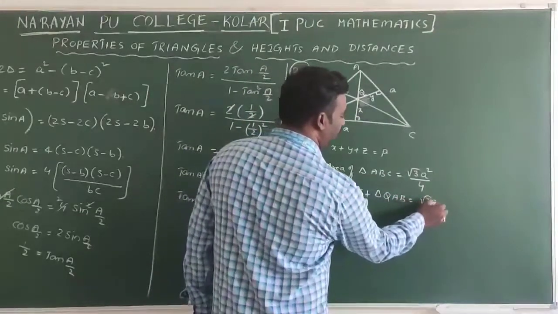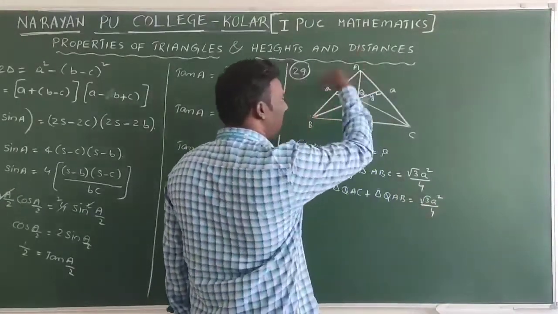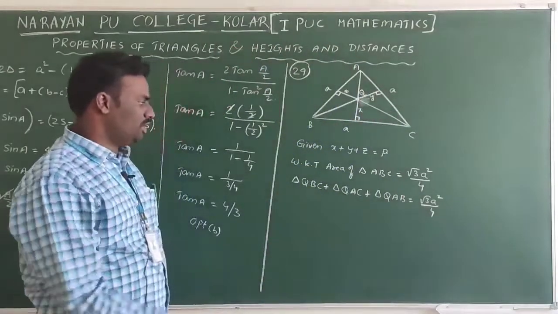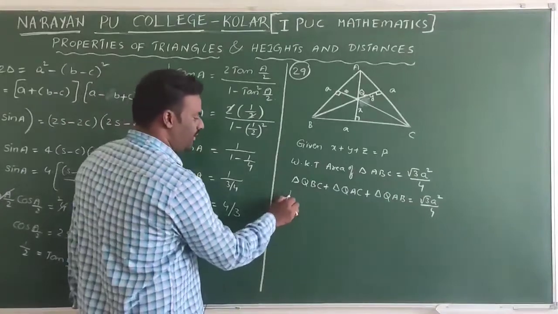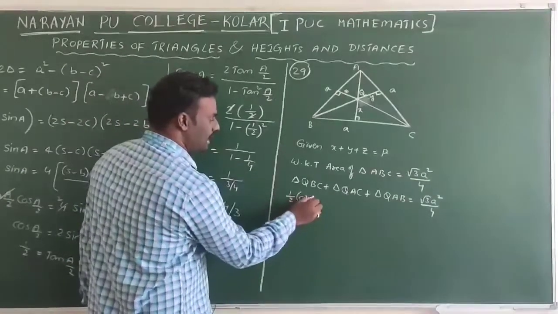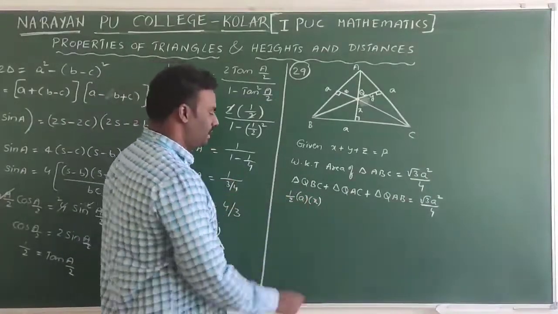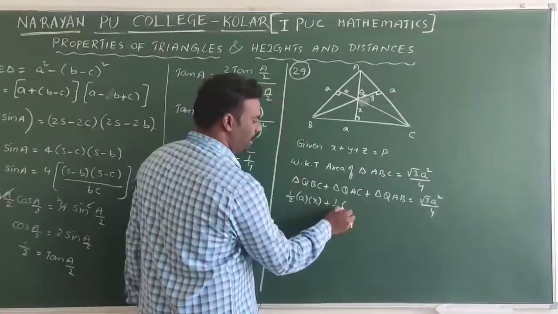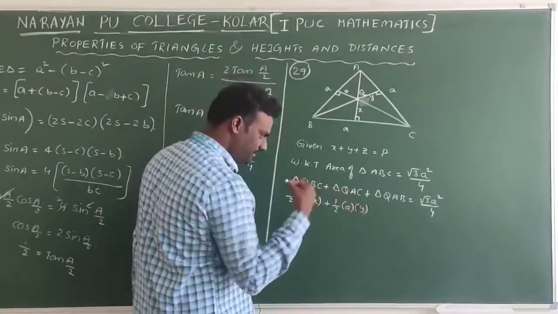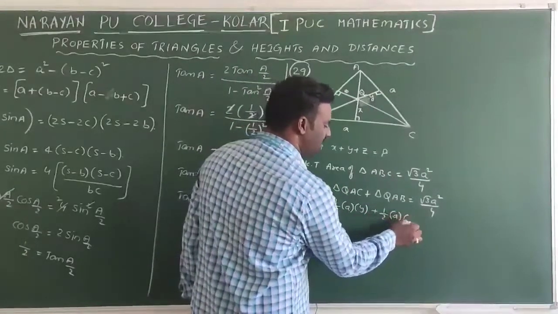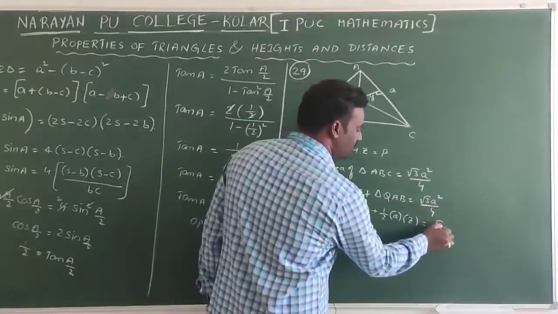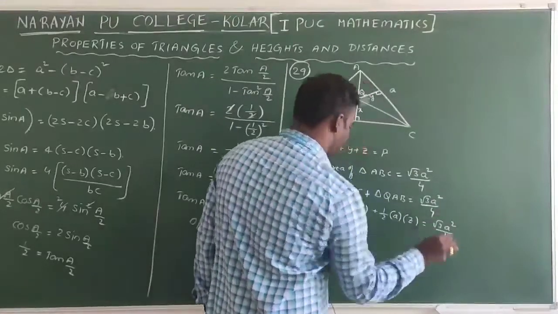If you add these three triangles, you will get the total triangle. We know the area of triangle formula: half into base into height. Half into base a, height x. Here also half into base a, height y. Half into base a, height z. That equals root 3 a square by 4.